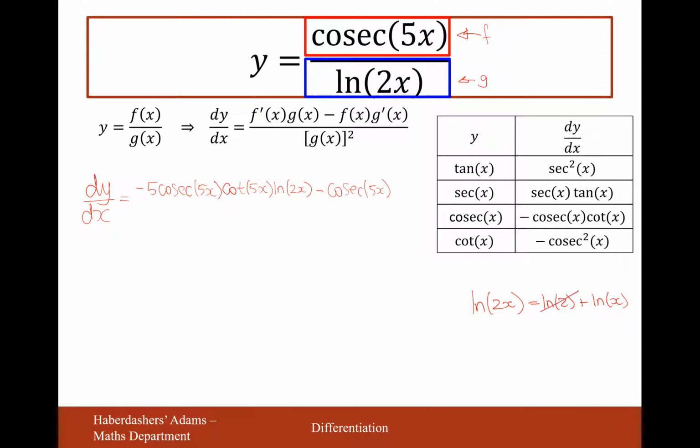Ln 2 is just a number, so that disappears when it's differentiated. And then ln x differentiates to 1 over x, so the answer here is 1 over x. This is all going to be over g squared, that would be ln 2x all squared. And there we are. We could probably simplify this if we were looking to, but I'm just going to leave the final answer like this. This is the answer to the derivative of this function here.